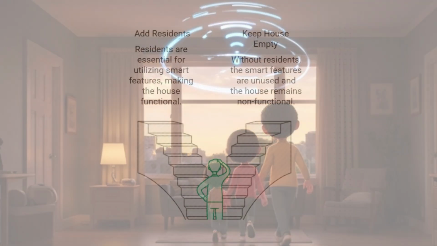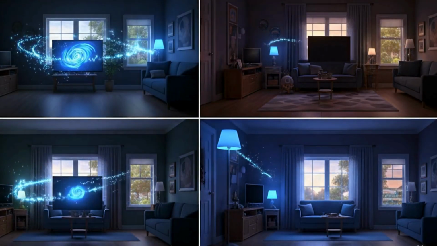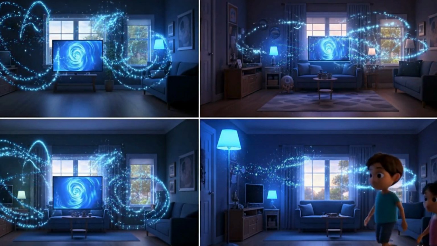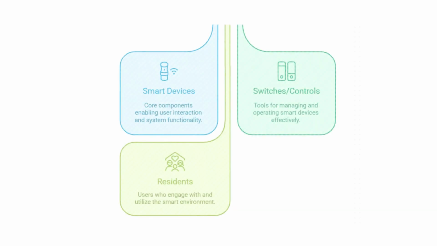When the family enters, the residents are there in the house, and Alexa, alarms, and all the necessary items get instantiated instantaneously. Lights turn on, AC starts, Alexa starts responding, and the TV starts playing, and that's how it works. The residents are like beans. They actually use those features. Spring without beans is like an empty smart home: it looks shiny but lifeless.